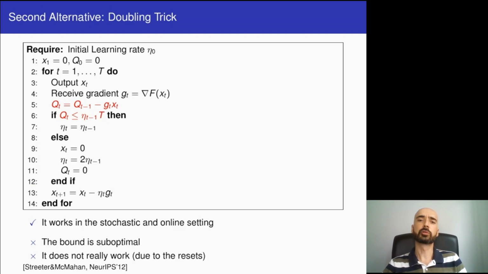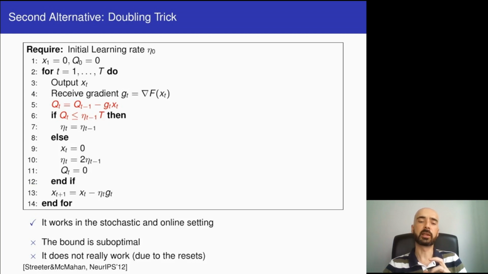We might think to use what in online learning we call a doubling trick. What is a doubling trick? In online learning, every time there is a parameter that depends on unknown quantities, depends, for example, on things that are in the future, and you don't know how to tune it optimally, what you do is that you start from some arbitrary setting. Okay, so here it's a learning rate, you start from eta 0. Then you run your algorithm, so you do stochastic gradient descent in our case, so you output x of t, you get the gradient, then you check a condition.